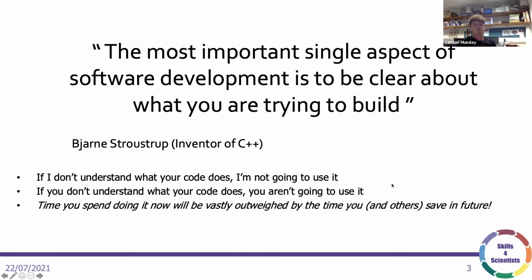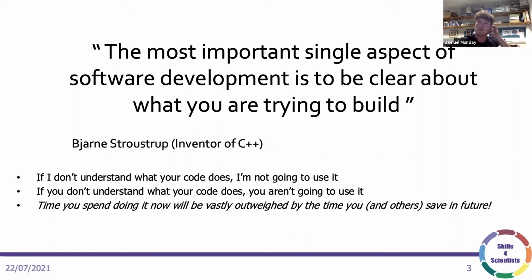So this is a quote from the inventor of C++, and I'm not even going to try to pronounce his name. But basically, he says the most important aspect of software development is to be clear about what you're trying to build. So if you don't understand your code, you're not going to use it. If I don't understand your code, I'm not going to use it. And I can't hammer this home enough, the time you spend making your code easier to understand is going to be very well spent time.